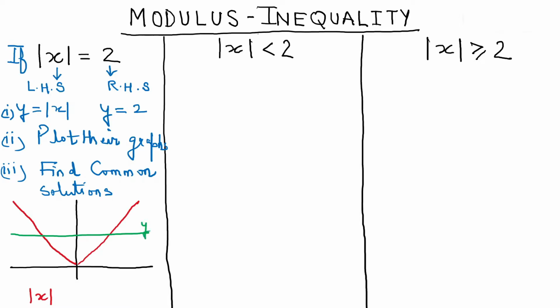So this is y is equal to 2, and y is equal to modulus x we have already plotted. Once you have done this, let us identify the points of intersection. So this is one point of intersection, this is another point of intersection, and find out the value of x here. So this will be plus 2, this will be minus 2.